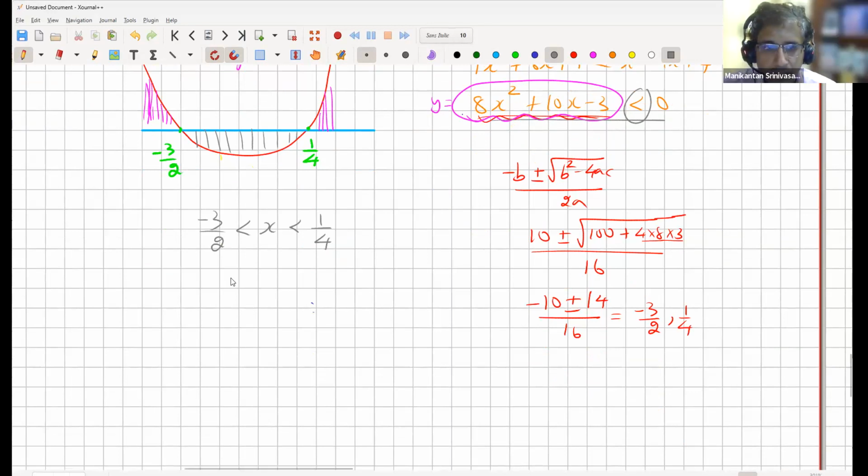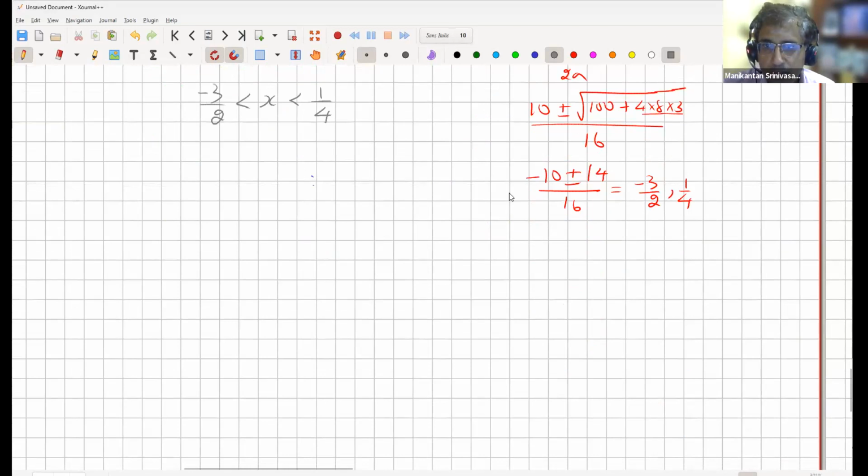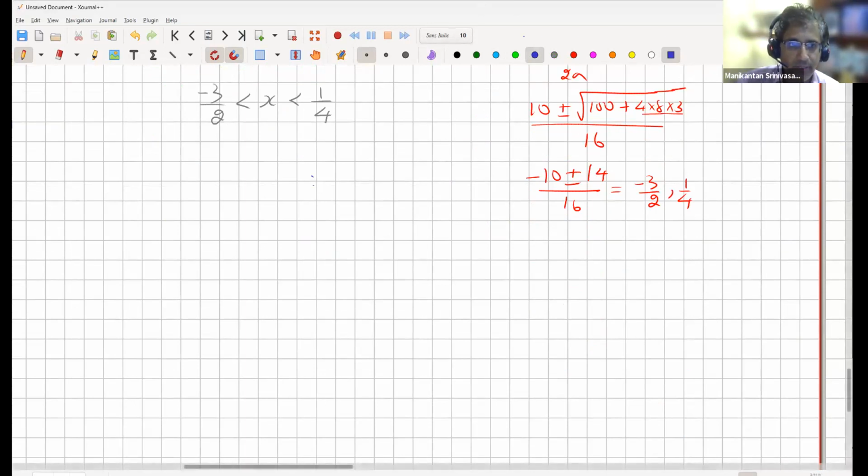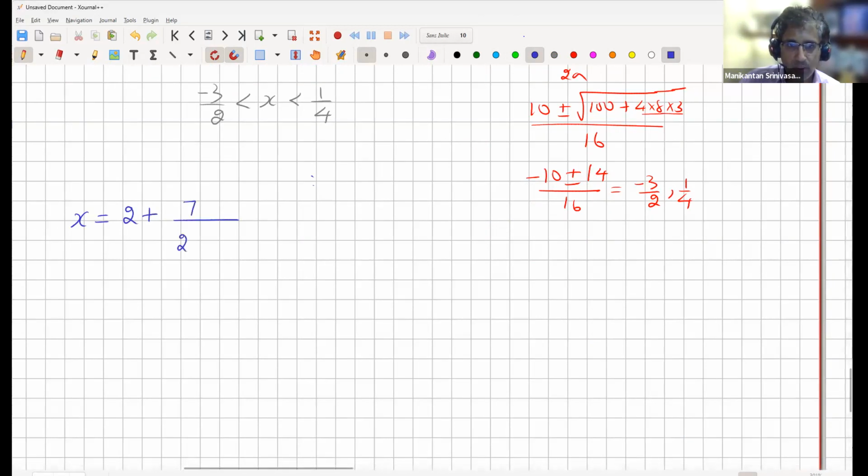Bye, sir. So telescopic cancellation is problems like, there could be multiple problems like this, right? Like an infinite series. One example could be x equal to 2 plus 7 by 2 plus 7 by 2 plus 7 by, and so on, right?